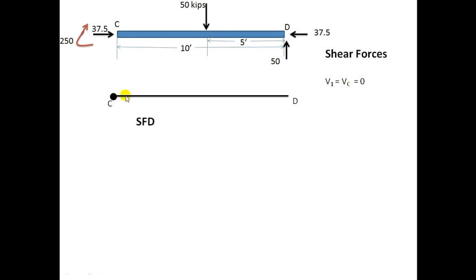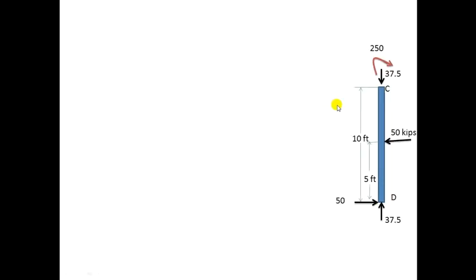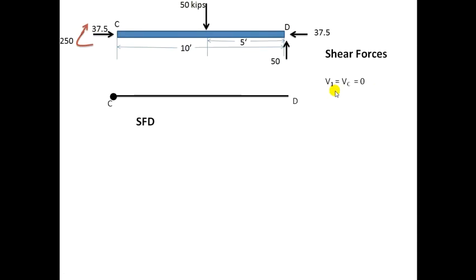V1 is equal to Vc. The reaction here, no reaction is acting, so here you can see it from here. At C there is no reaction, so at C the shear force will be equal to the reaction, which is 0, and here the shear force at that point will be equal to the point load acting downward.